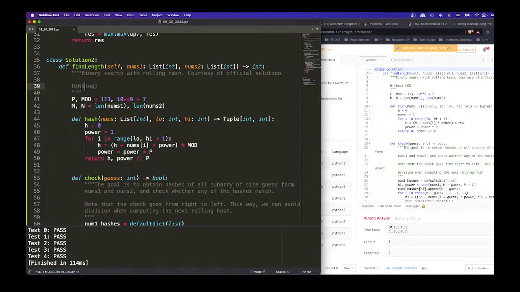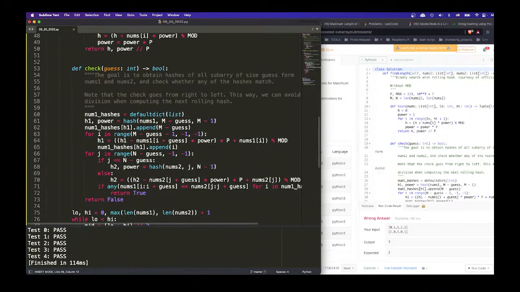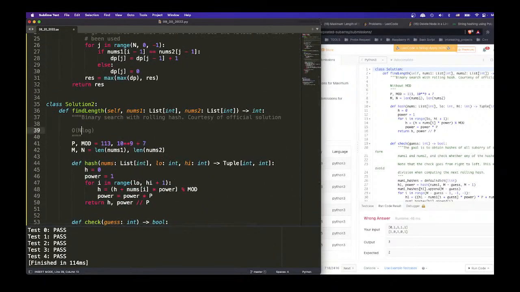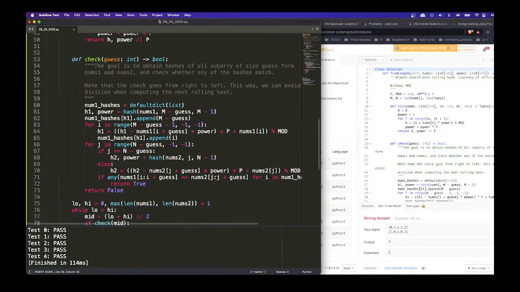This is N times K log M, maximum M N. Oh, this one.